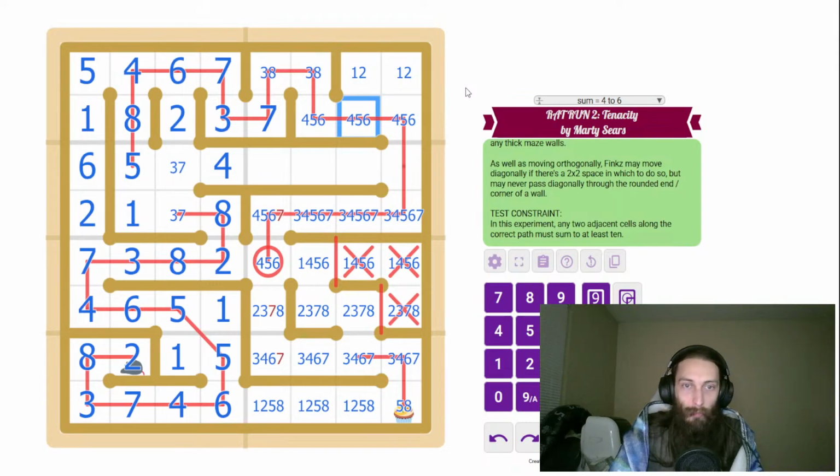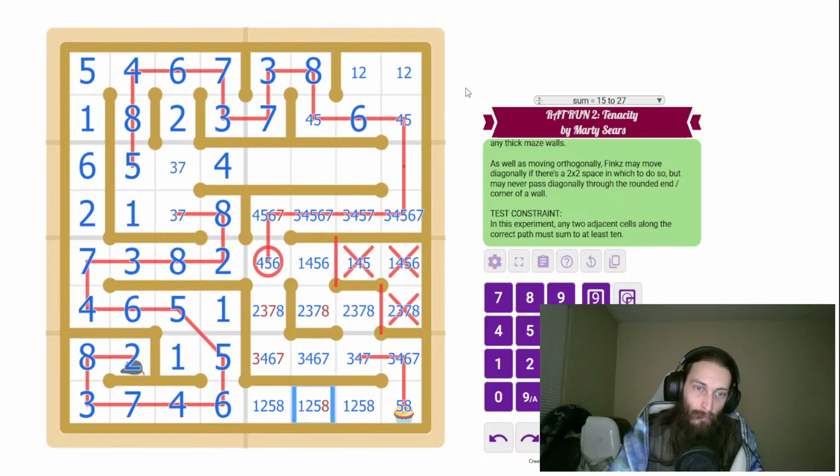I can't put a 4 in the middle of 5 and 6. And I can't put a 3 between, and 5 can't connect to 4, 5, or 6. Column 5 has a 4, 5, 6 triple.